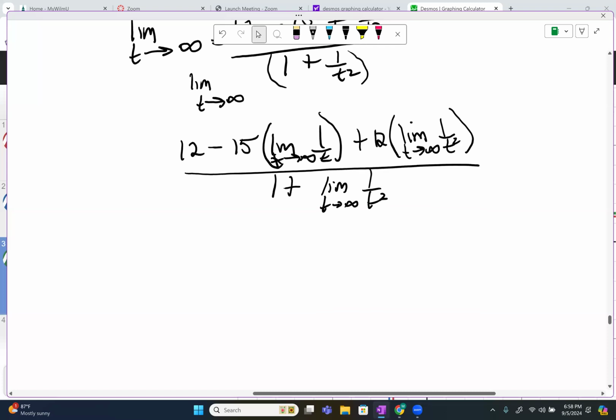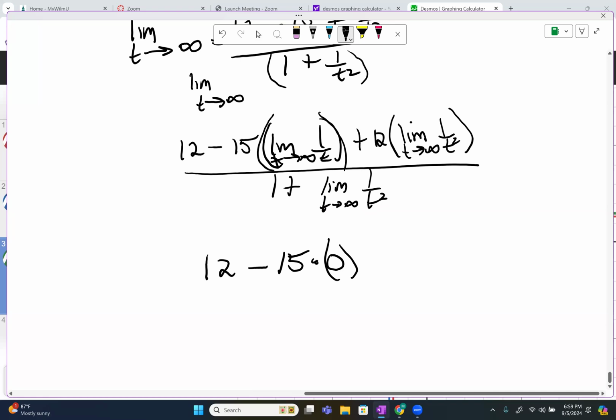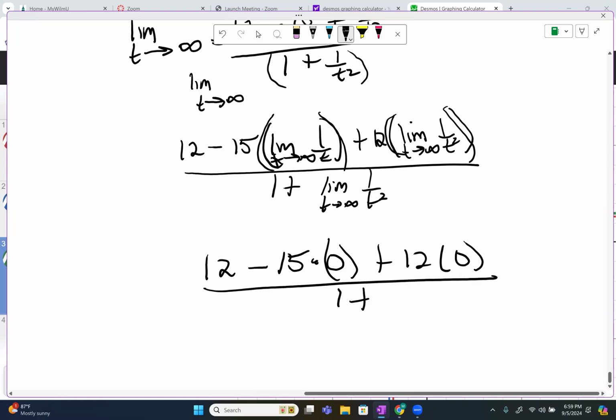So this becomes 12 minus 15 times 0, which is the equivalent of this part here, plus 12 times that part, the limit of 1 over t, and this becomes 1 plus 0. So the limit is actually just 12. It's a lot of jargon for a little bit of math, but it kind of hits the point in the head there.